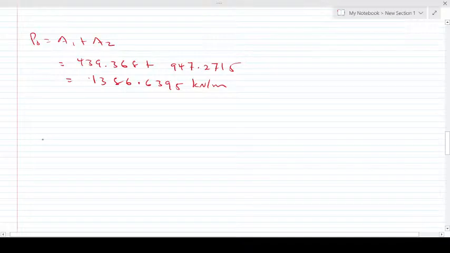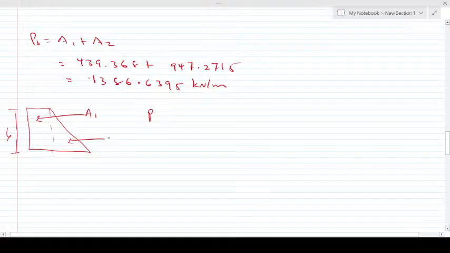And again, if you want to find the point of action, this was the shape we were having, at a distance of 6. So this is our A1, this is our A2.